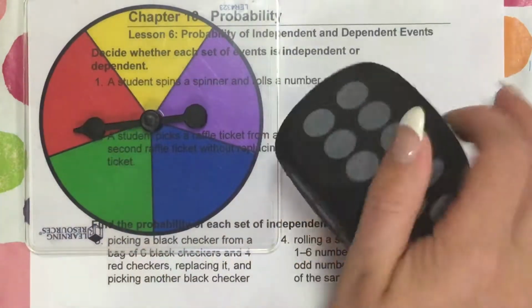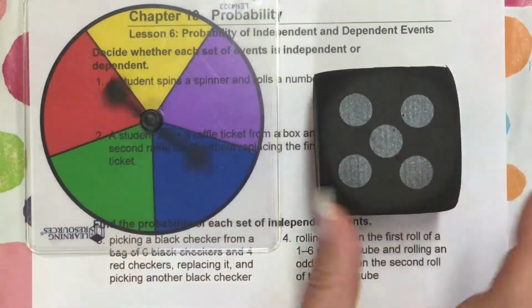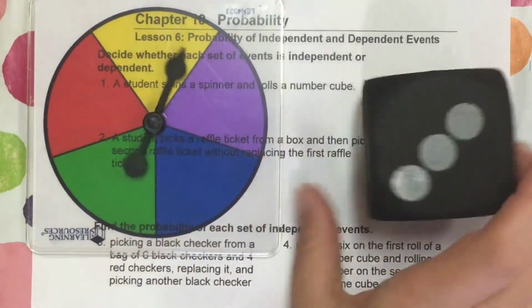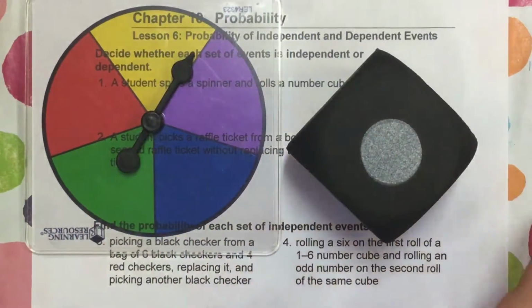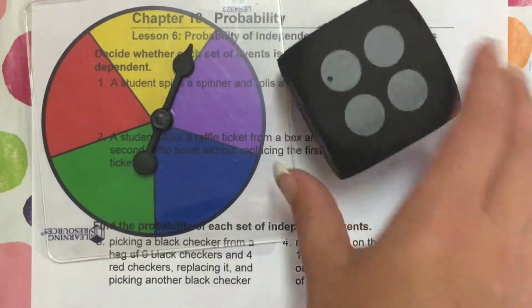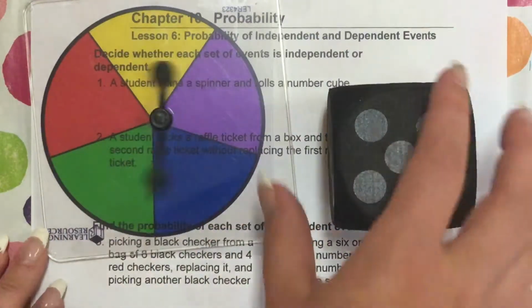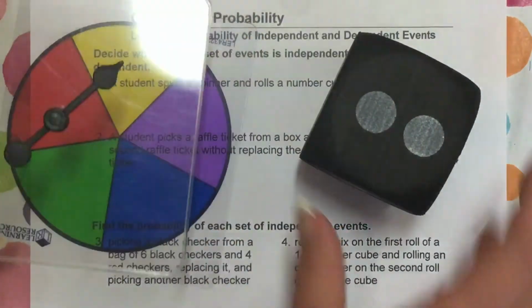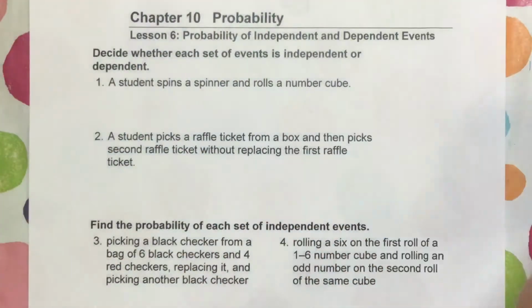Does the spinner control the number cube in some mysterious way, or does the cube control the spinner in some mysterious way? And the answer is no. They are completely independent of each other. So this is an example of an independent event. Okay, so the first one is independent.